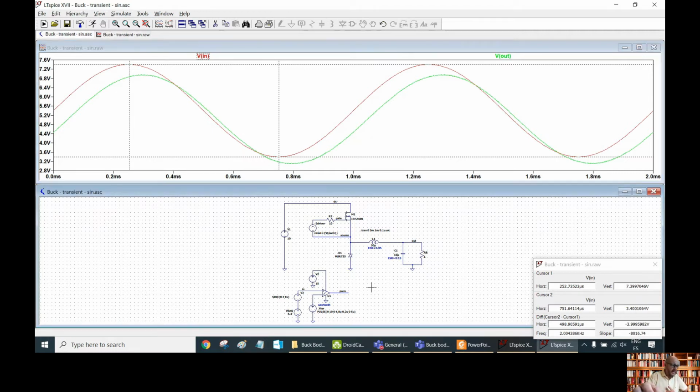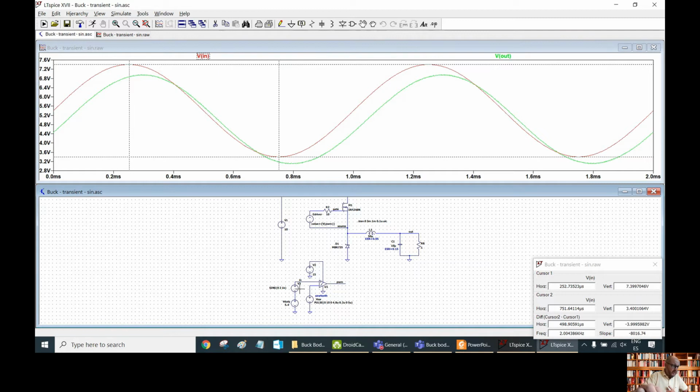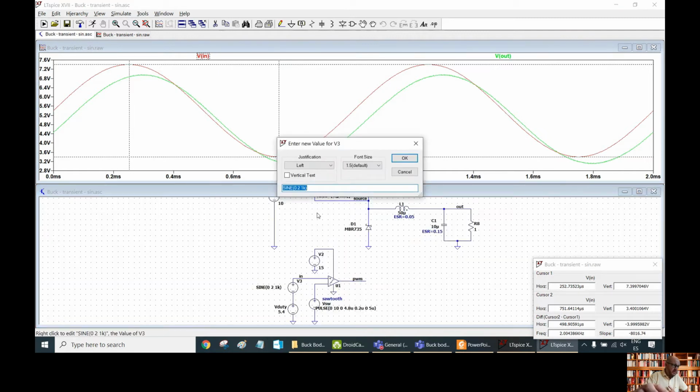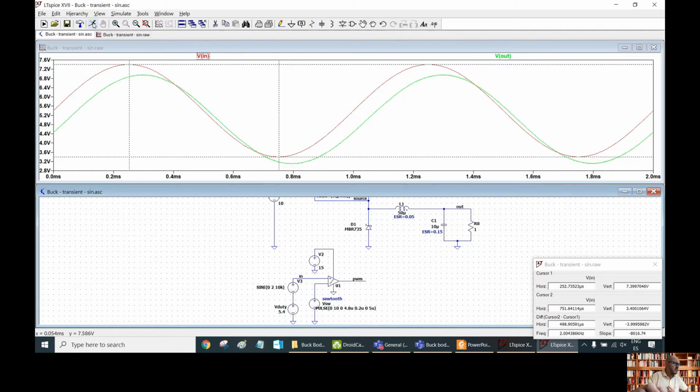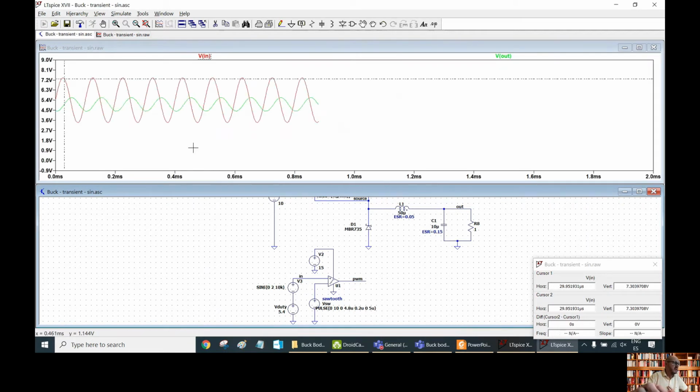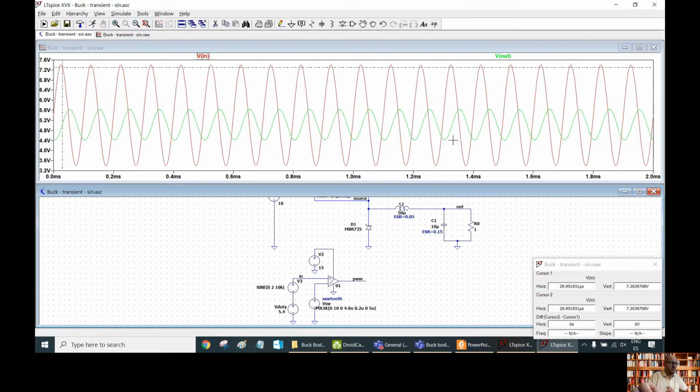But we could do this if we increase the frequency, let's say, for example, 10 kilohertz, then run the simulation again, and then we could obtain another point for our Bode diagram.